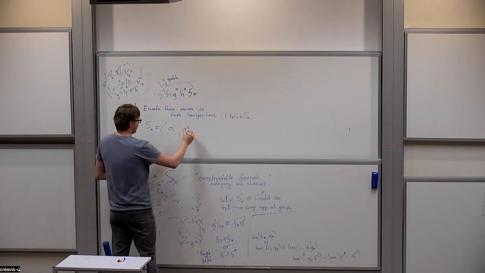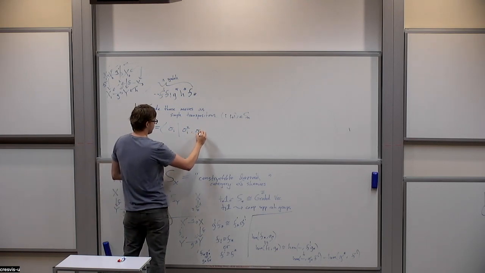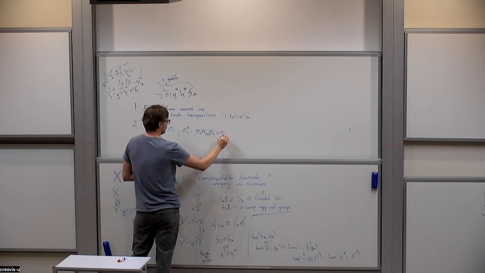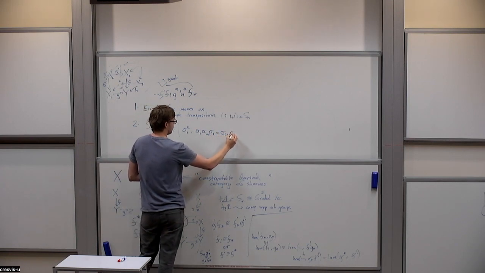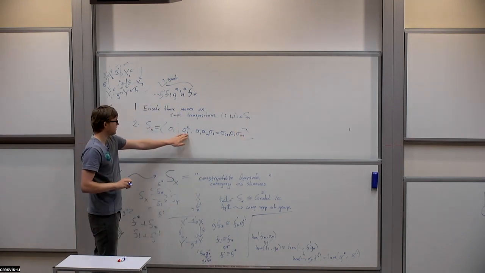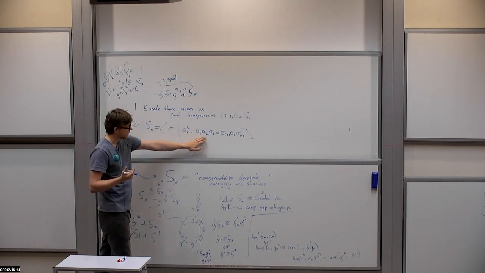Okay, so our relations in the symmetric group. This says that all of our simple transpositions square to the identity, and this says that we can braid.